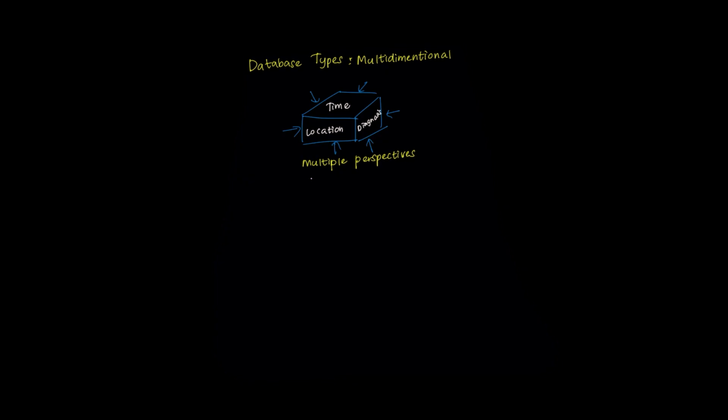Think of a multidimensional database like a sophisticated data cube, where you can slice and dice information from any angle you want. Want to see patient visits by time of day or day of week, by diagnosis, by physician, and by payer simultaneously? A multidimensional database can process that complex query quickly.